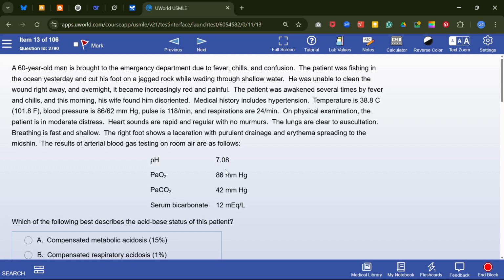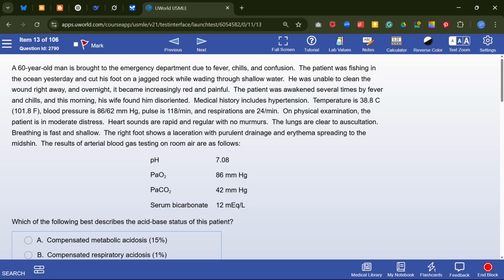PCO2 is high, more than 40, and bicarbonate is low. So PCO2 is nearly normal, but bicarbonate is low. pH is very low, 7.08.